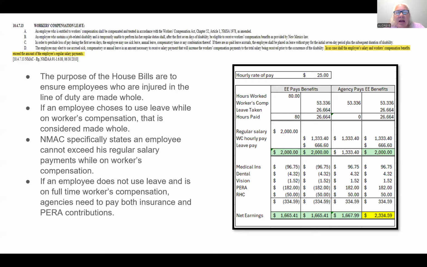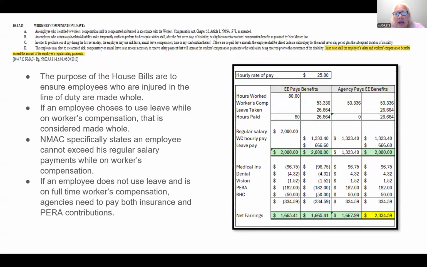So because NMAC specifically states an employee cannot exceed his regular salary payments while on workers' compensation, if an employee is made whole, meaning they are earning 100% of their regular salary, then the agency does not pay the employee benefits.